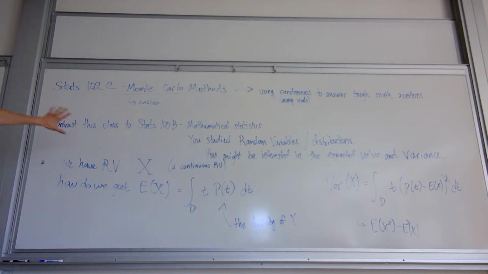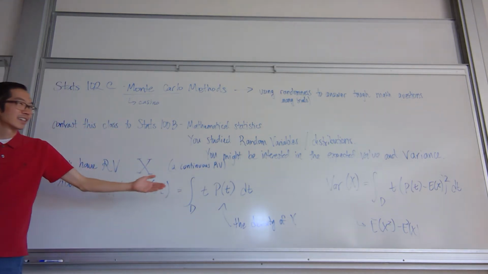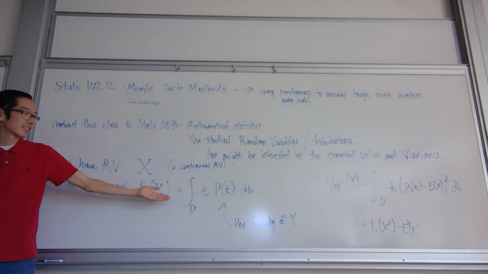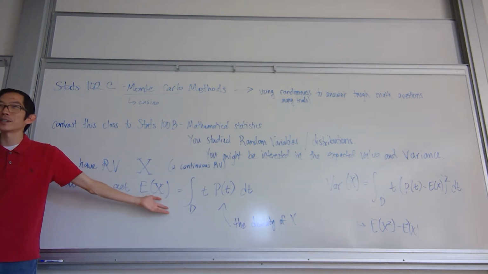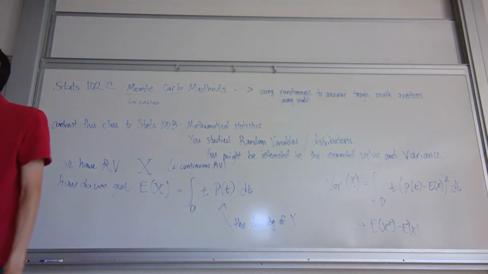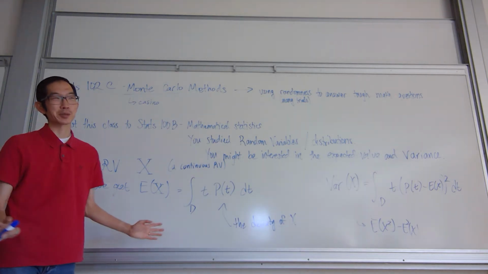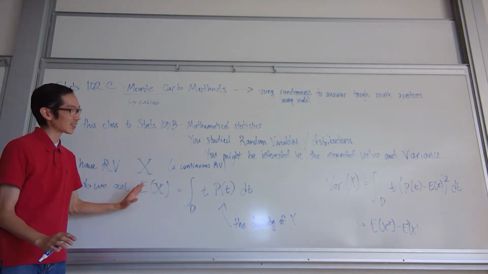So this is what we did in 100B, right? And sometimes this got hard, right? Sometimes integration is a hard thing to do. And I'm actually really bad at integration.